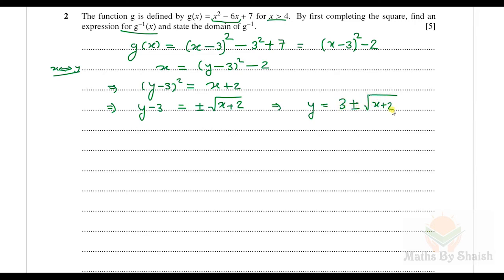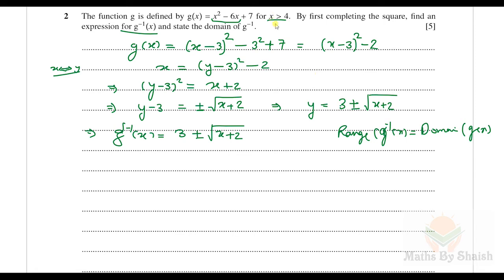Since it is going to be a function, we need to choose one of them, either plus or minus, and that depends on the range. We know g⁻¹(x) = 3 ± √(x + 2), and this gives the range of g⁻¹(x), and we know that the range of g⁻¹ is the same as the domain of g(x), and the domain of g(x) is given as x > 4.